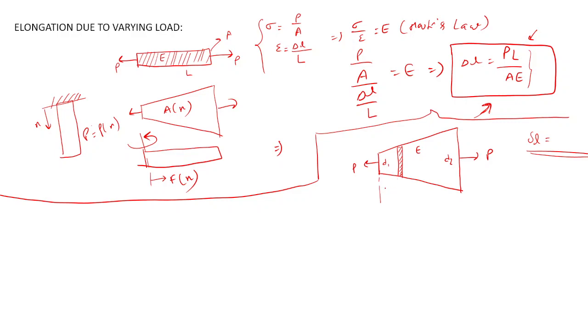So at a distance x, let's suppose we took an element of dx. Anyone can tell, here the diameter is d1, here the diameter is d2, and the total length is L. So what would be the diameter at this distance of x in terms of d1, d2 and L? Can anyone tell?